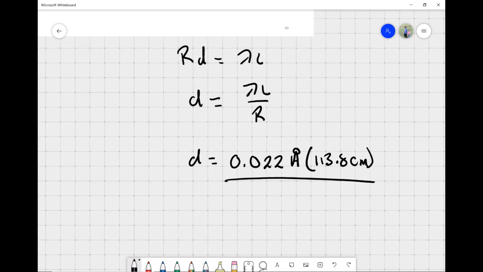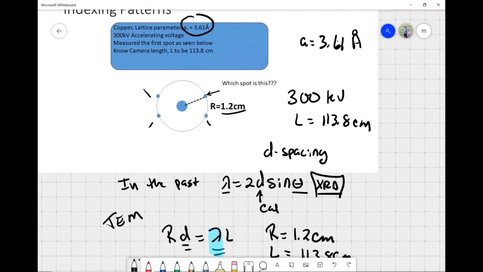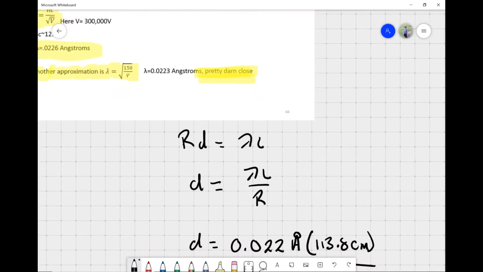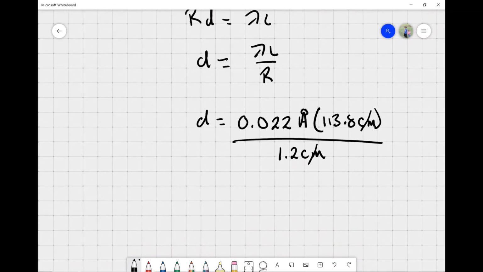And our measured R from our diffraction pattern was 1.2 centimeters. The units are going to cancel, so we're going to be left with angstroms, and that is going to be the unit of our D spacing, so we're all good there.